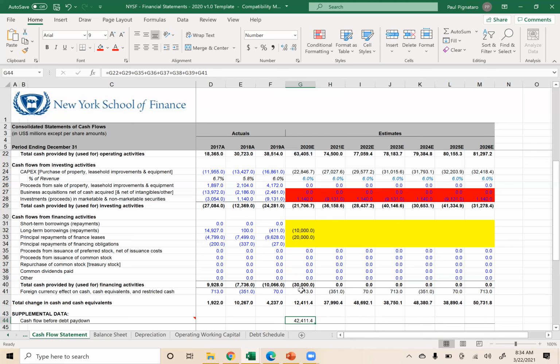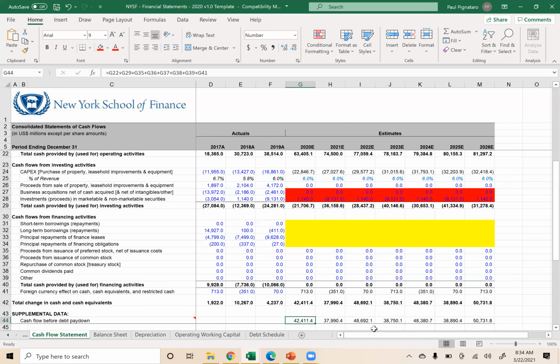So even though I have these debt pay downs, I know the cash that I can use to pay down my debt is $42 billion, for example. Okay. Now I'm going to take these numbers out, and these numbers are going to match. So this looks like it's the same number, but now you know it's really very different depending on how it's calculated.